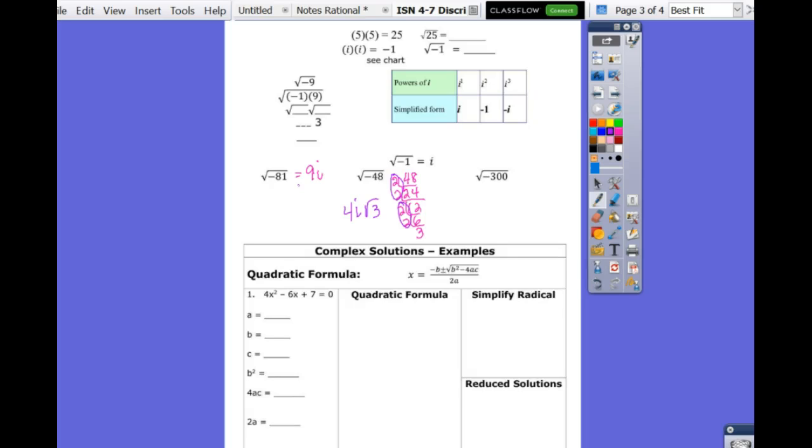So the negative 1, that's how I get the i. If I'm taking the square root of negative 300, I have negative 1 times 300, so I'm going to simplify the 300.